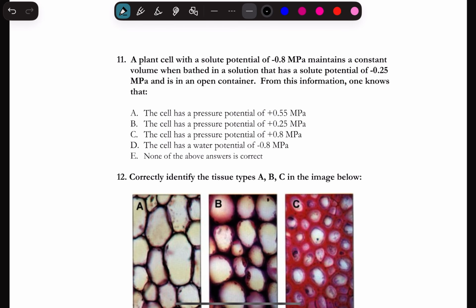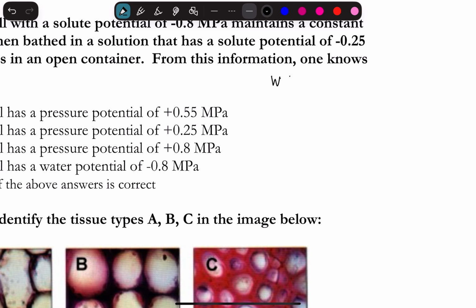A plant cell with a water potential of negative 0.8 MPa maintains a constant volume when bathed in a solution that has a solute potential of negative 0.25 MPa and is in an open container. From this information, one knows that, okay, well, we have to use the water potential equation.